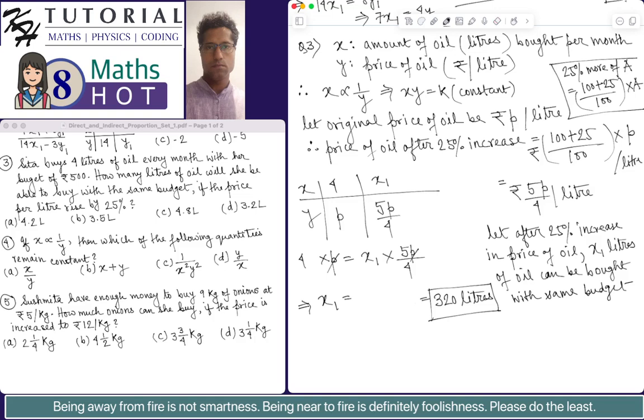So 4 into P is equal to X1 multiplied by 5P by 4. So X1 is equal to basically 4 multiplied by 4 divided by 5. This is equal to 16 by 5 liters, which is equal to 3.2 liters.